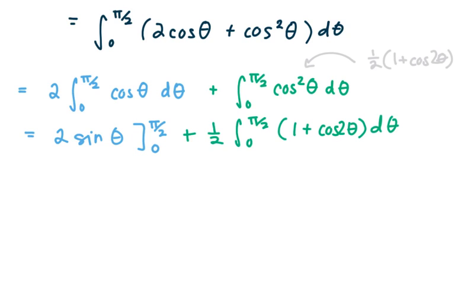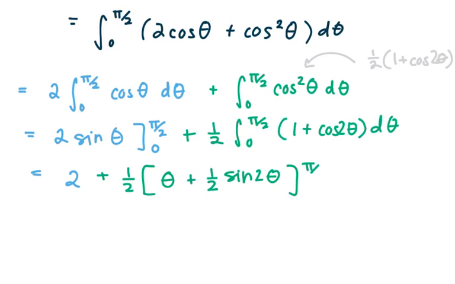So for this first piece, sine of pi over 2 is 1, sine of 0 is 0. So 2 times 1, this first integral turns into 2. And then I have plus 1/2. Integrating here, I'm going to get theta plus 1/2 sine of 2 theta. We need to evaluate that from 0 to pi over 2. When I plug in 0, that is 0.